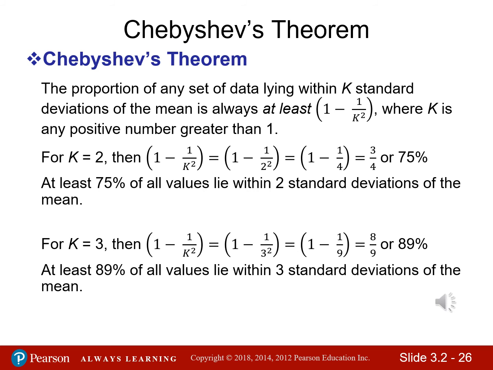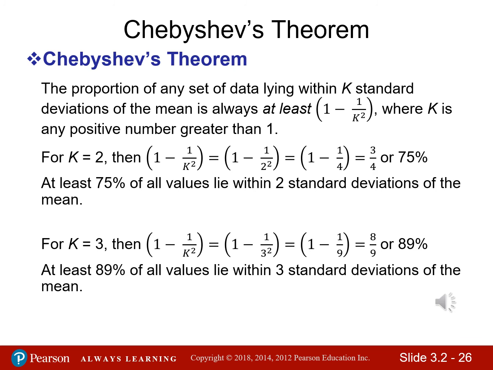So we want to find the proportion of the data set that will fall within 2 standard deviations from the mean. So our formula is simply 1 minus 1 over 2 squared, and that equals 3/4 or 75%. So we would say that at least 75% of all values lie within 2 standard deviations of the mean.